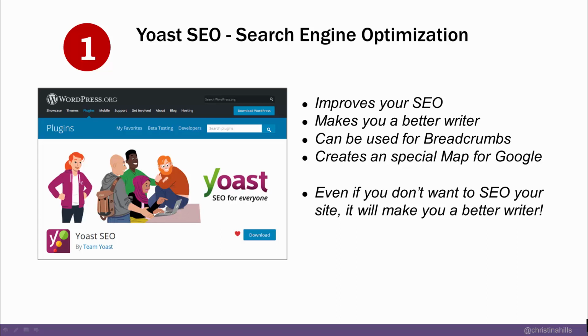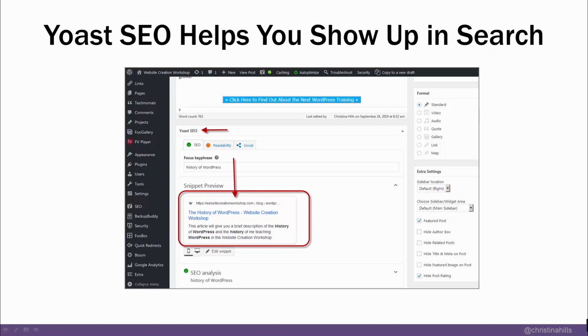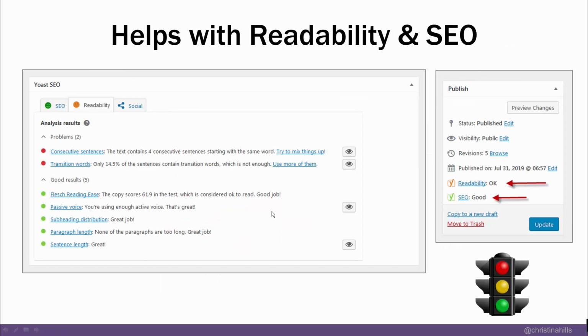Let me show you a slide of the inside of WordPress. If you've got a WordPress site, this layout will look somewhat familiar to you. If you don't, then just follow along. It shows you what it's going to look like when you have the plugin on. But let me show you the next screen, and this is where it gets really exciting.